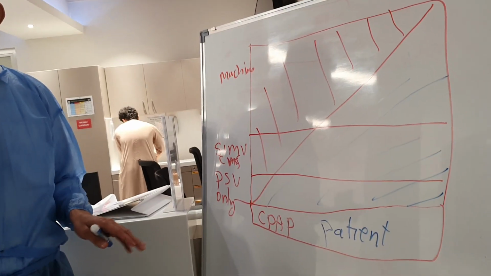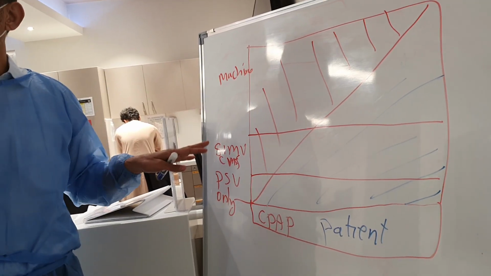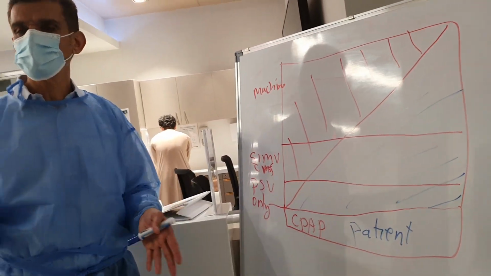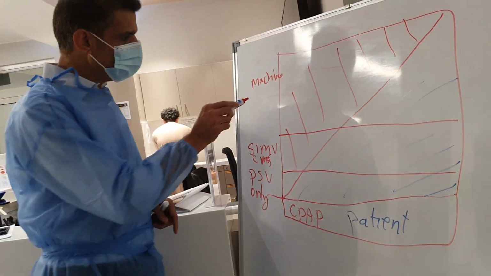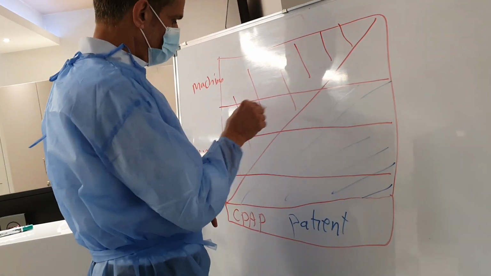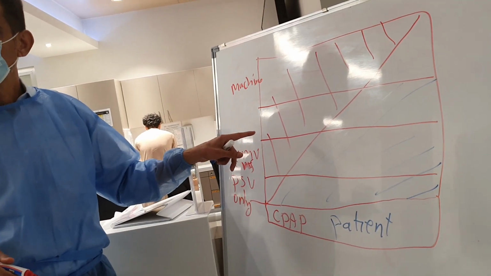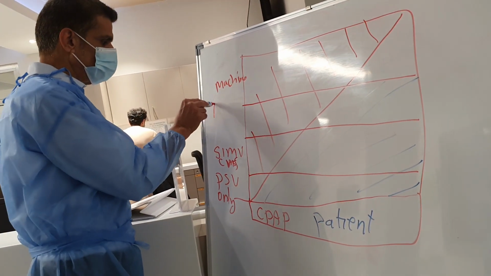Controlled mandatory ventilation, where the patient is not breathing. So SIMV, that is spontaneous. In controlled mandatory, you don't see the spontaneous. If you go more machine, less patient, you go for example to assisted control.